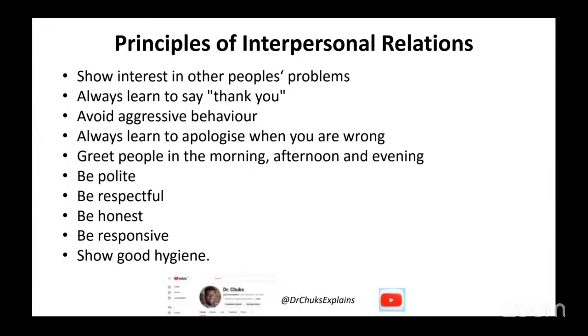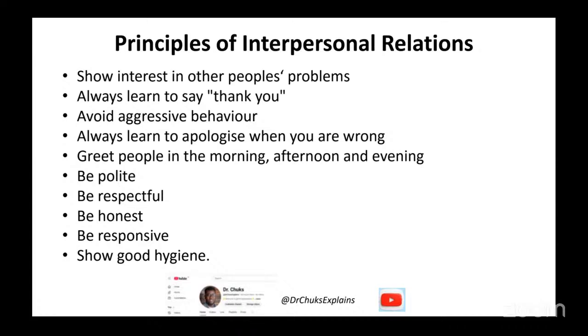It is a trigger. Always learn to apologize where you are wrong. Greet people in the morning, in the afternoon, and in the evening. It always improves interpersonal relations. Be polite. Be respectful. Be honest. Be responsive. Show good hygiene.